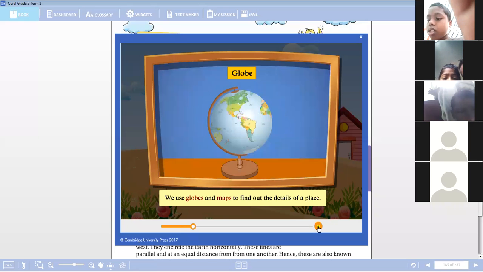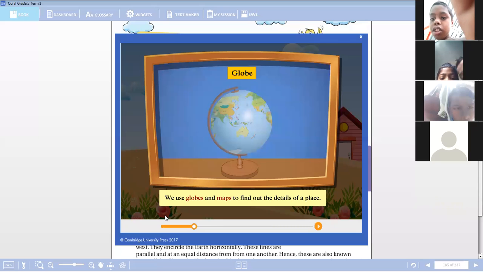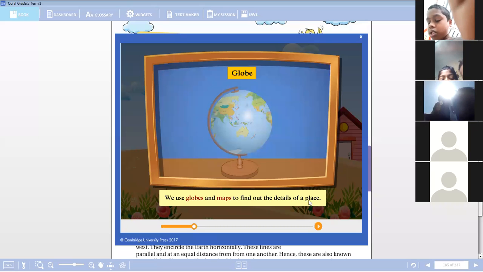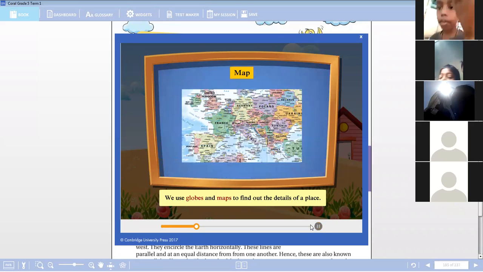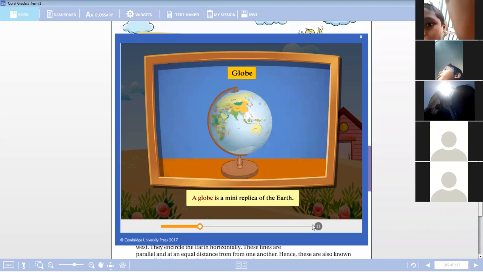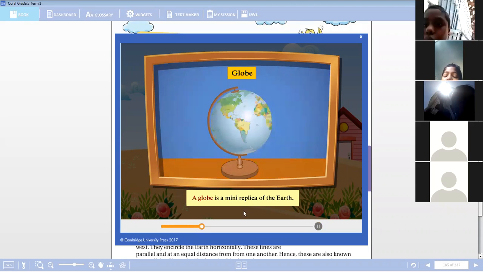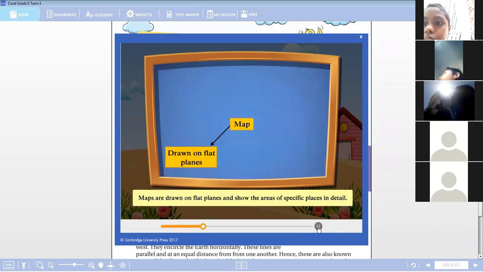We use globes and maps to find out the details of a place, children. A globe is nothing but a model of the earth.